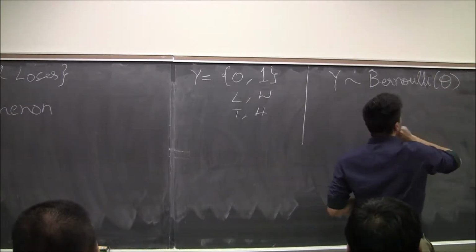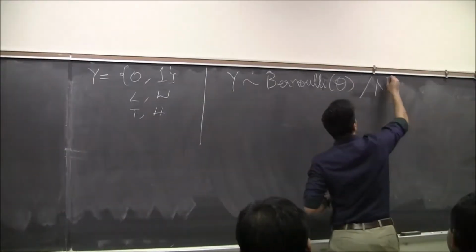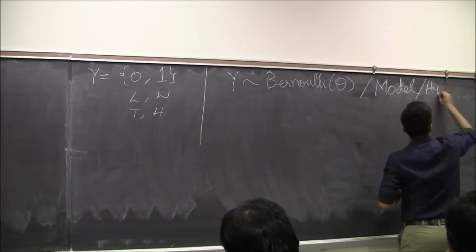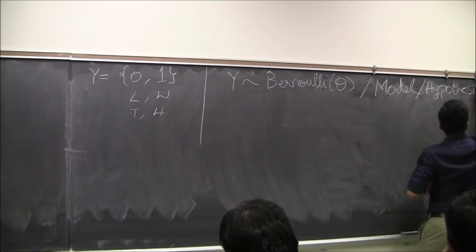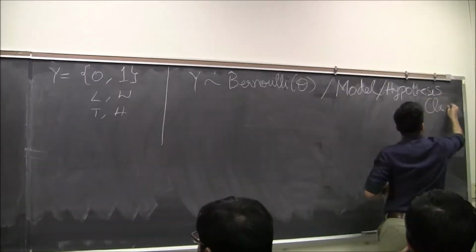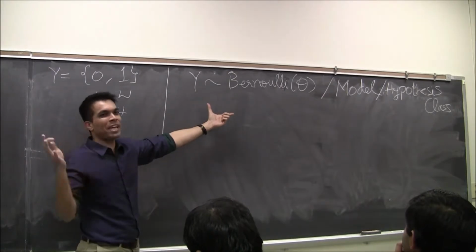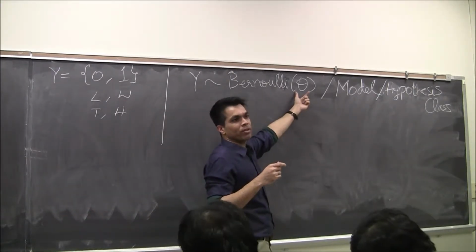Okay. So it's Bernoulli with some parameter theta, and this right here is your model or your hypothesis class. This was where the assumption was made that there is a space of possibilities denoted by this value theta.